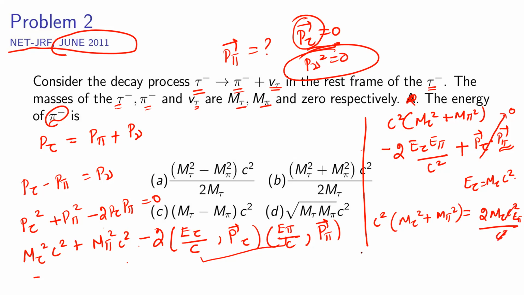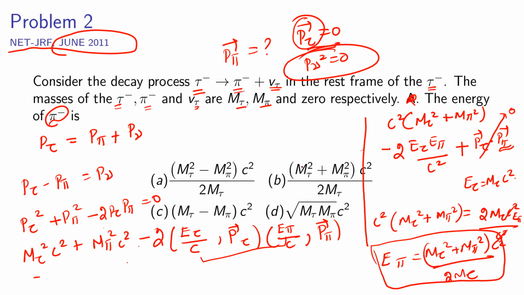Now we solve for E pi. E pi is equal to m tau square plus m pi square, times c square, divided by 2 m tau. Yeah, this is the answer.